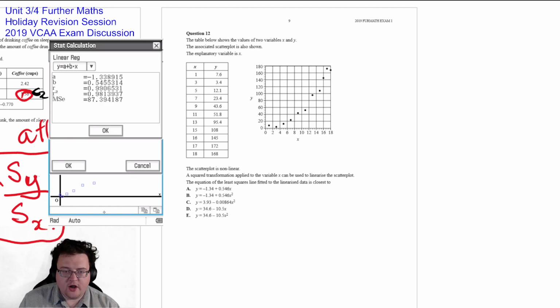What I have on my CAS is the regression line for the squared transformation, so it's already assuming that x is squared. However, if I wanted to give it for this thing here as an approximation, I then have to put the squared back in myself. That means that B is the only answer. And 57% of people got that one right.